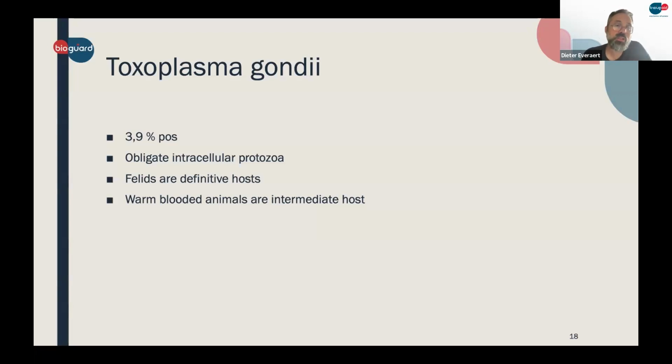It's also an obligate intracellular protozoan. Felids are the definitive host, and all warm-blooded animals can become an intermediate host, like rabbits, guinea pigs, and humans.